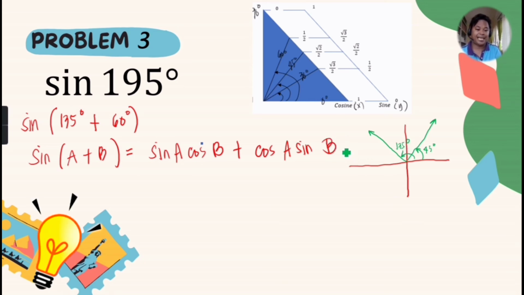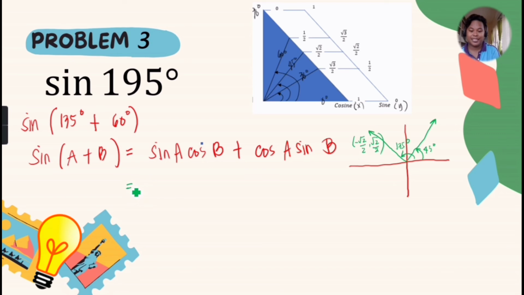Note that at the second quadrant, the value of x is negative. So we have negative square root of 2 over 2 and positive square root of 2 over 2 as the coordinates of the terminal side of 135 degrees. So we're going to use these values to solve for the value of sine 195 degrees.